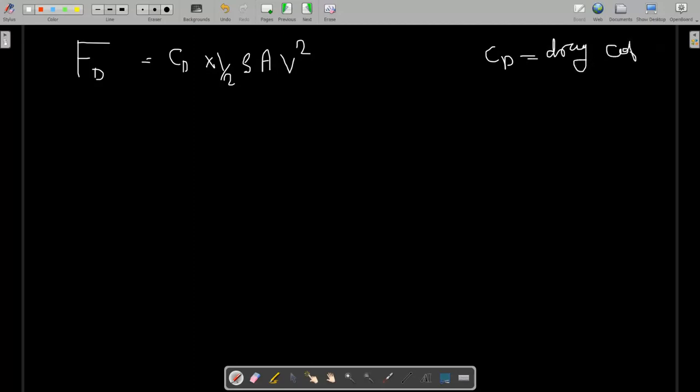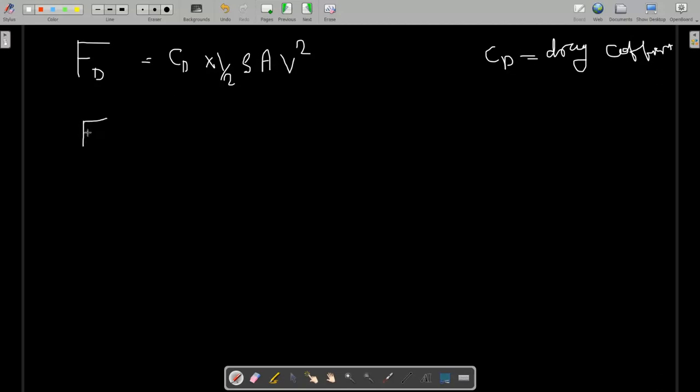Next question, we have to find the drag force ratio for model and prototype. So first of all, we will write the equation for the drag force on any body. It is given by CD into 1 by 2 rho A v square, where CD is the drag coefficient.